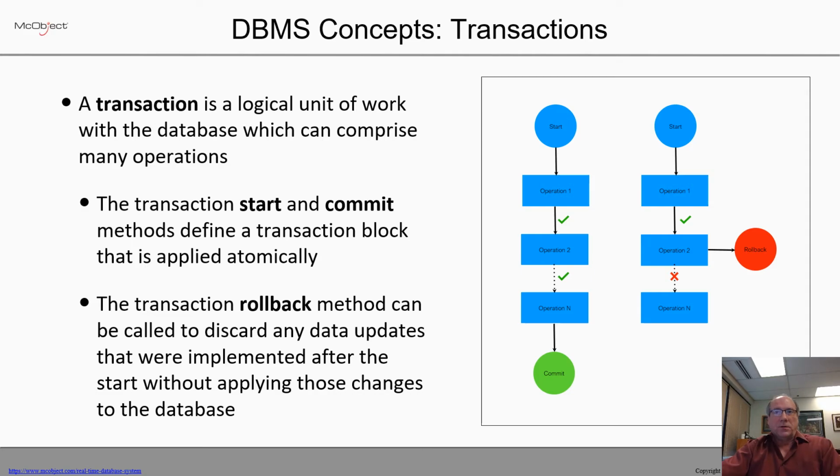Likewise, a single update or delete command that affects 1 or 100 or 1,000 records must succeed for all or for none. Transactions are usually bound with explicit start and commit commands, or rollback or abort as the case may be, that define the transaction block. Although in SQL database systems, each SQL statement can be treated as a standalone transaction.